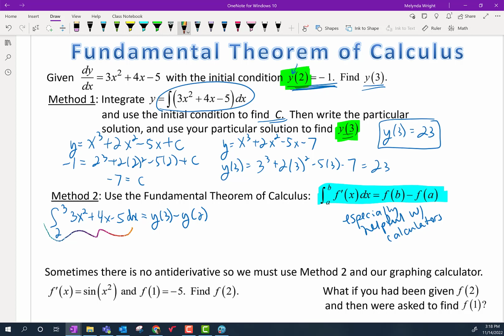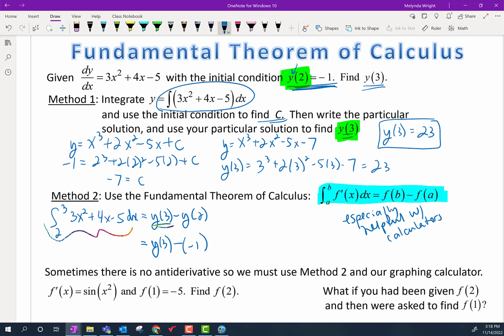And then we're solving for this one, so that one is going to stay a variable. And we know that y of 2 is negative 1, so we're simply going to fill in negative 1 here. So I've got y of 3 is what I'm looking for, and y of 2 is negative 1. So we're just going to plug that in. We could put the left side in a calculator if we had a calculator.